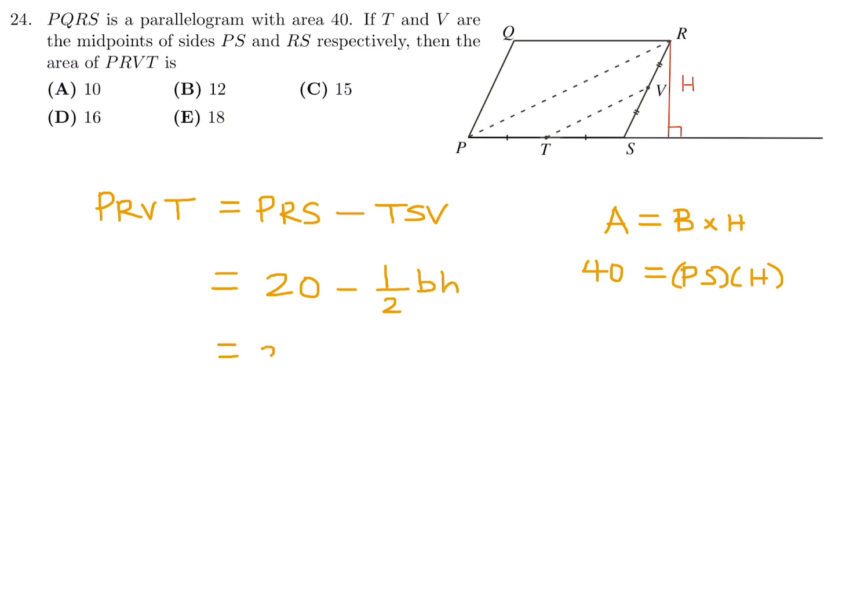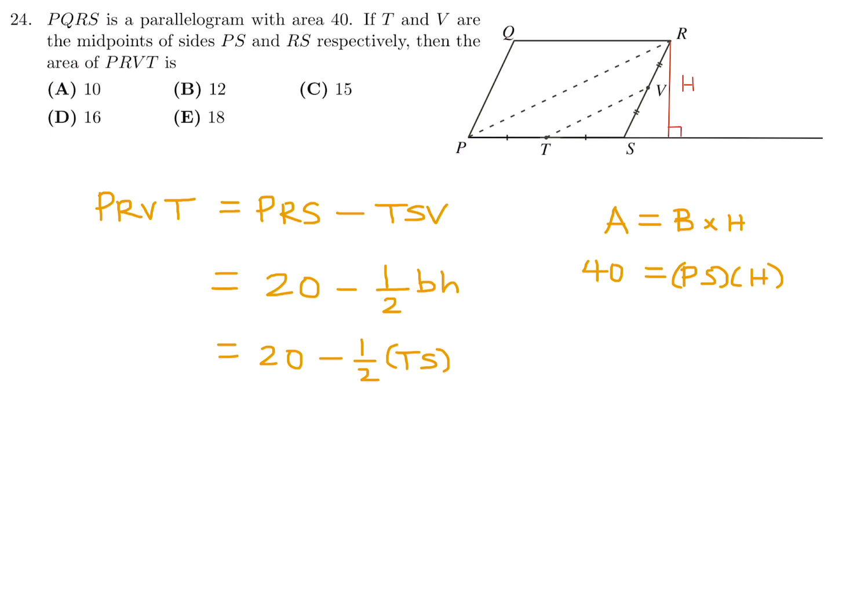Okay? Now, the base of this triangle is TS. So put that in there. And the height, well, the height is from here to here. Now, they tell me that V and T are the midpoints.